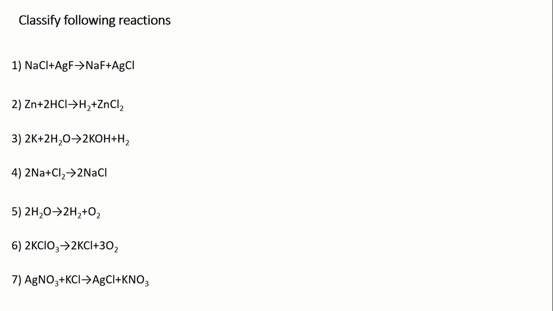So this is a double displacement. Second equation, you have zinc sitting alone, and on the product side you can find zinc combining with chlorine while hydrogen is left out. So this one is a single displacement.